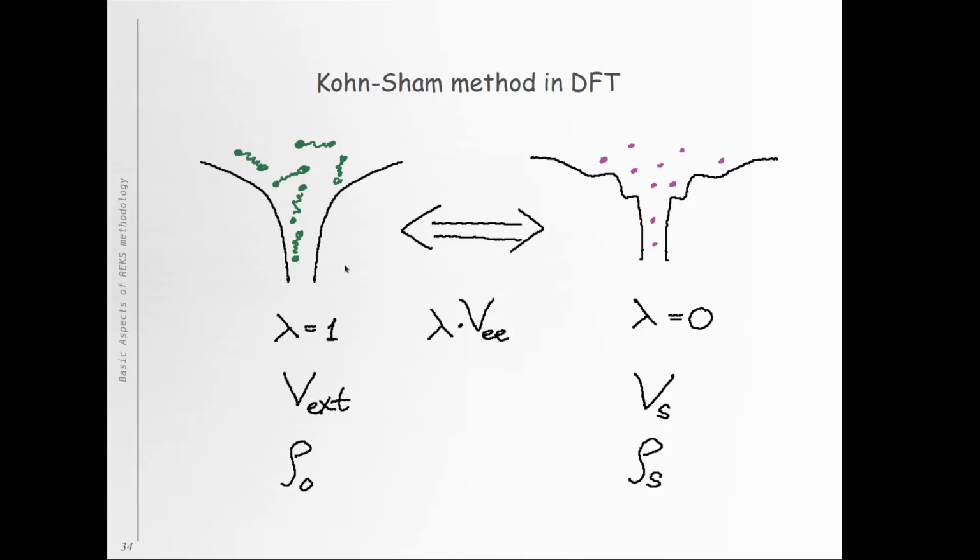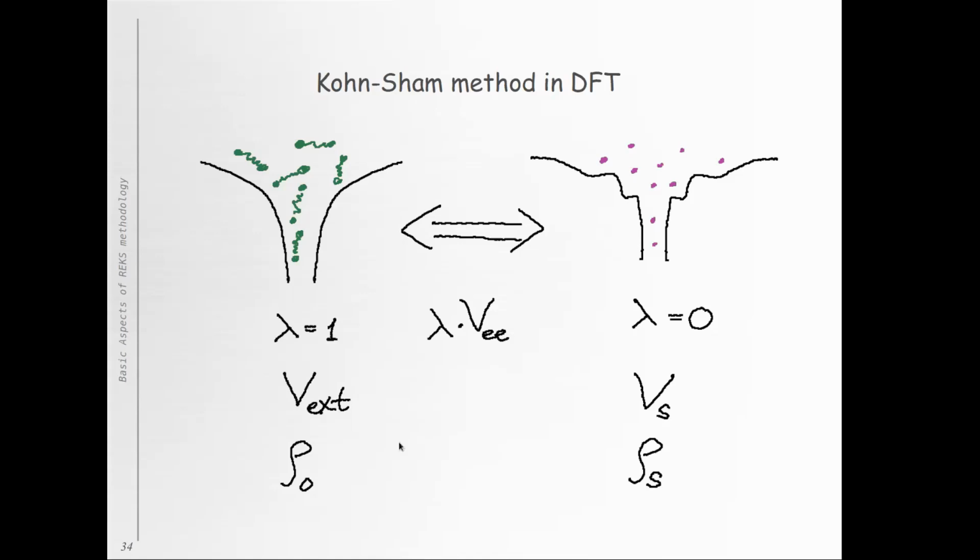If we set lambda equals 1, we have the physical Hamiltonian with fully interacting electrons, moving in some external potential, and they have a certain density. I labeled it rho naught here, which follows from the wave function, from the solution of the Schrödinger equation for this system. So this is the physical system.